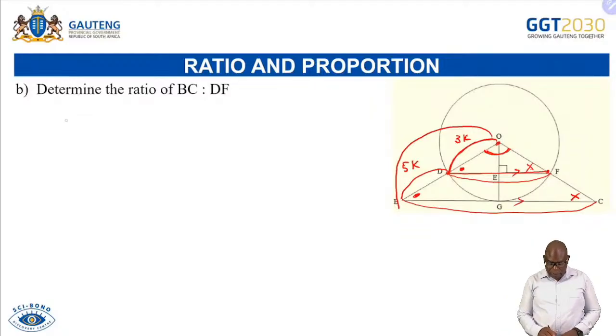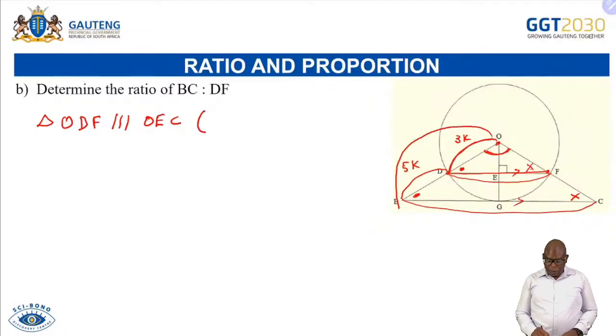So the similarity will be triangle ODF similar to triangle OEC, and the reason for similarity is angles. Now, from the similarity, I can write down the ratios. Remember, angle O is equal to angle O, that's the common angle. Angle D is equal to angle E, those two. Angle F equals angle C, those two.